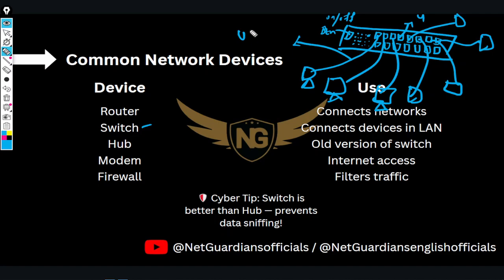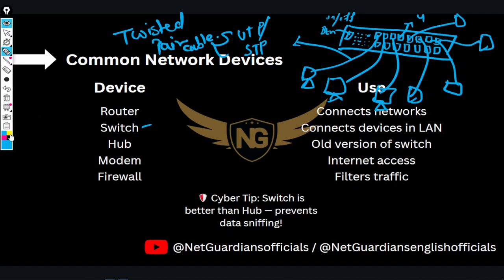We are using UTP or STP cables, unshielded twisted pair cable and shielded twisted pair cable. Basically, these two are part of twisted pair cable. So I can connect all these devices using this cable.